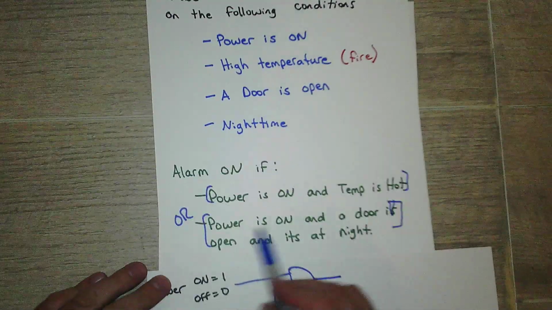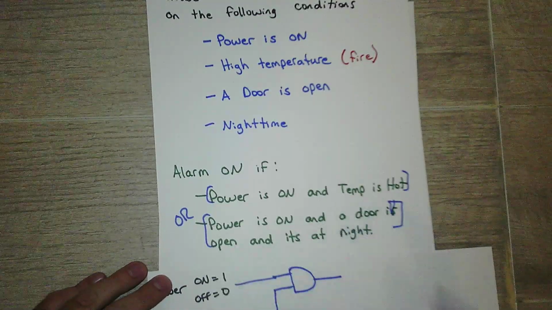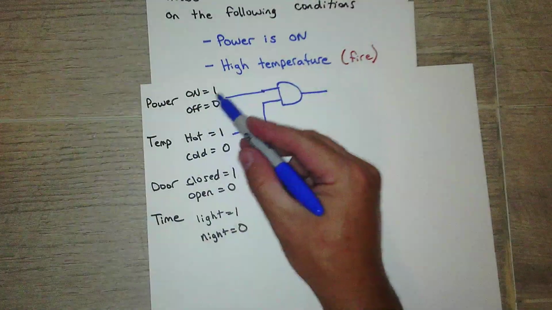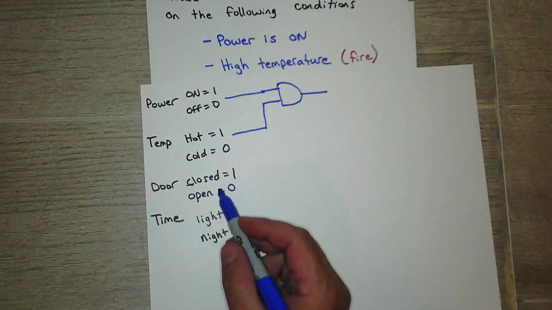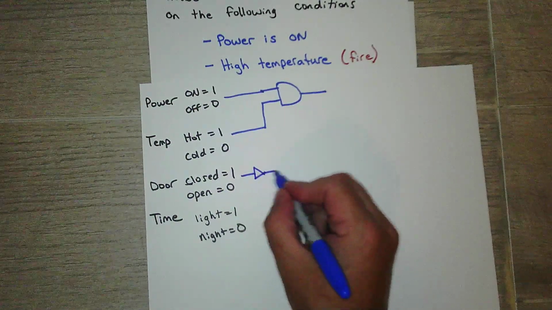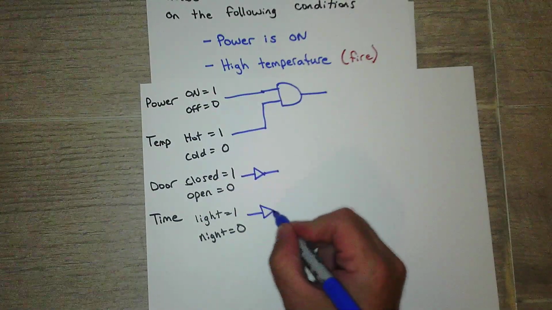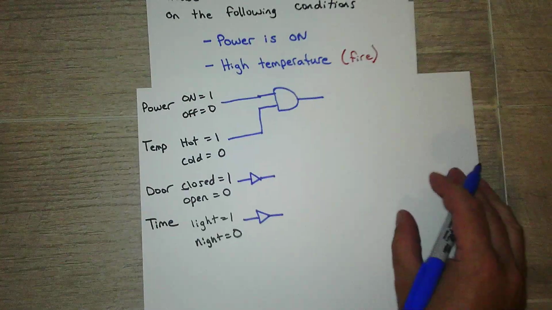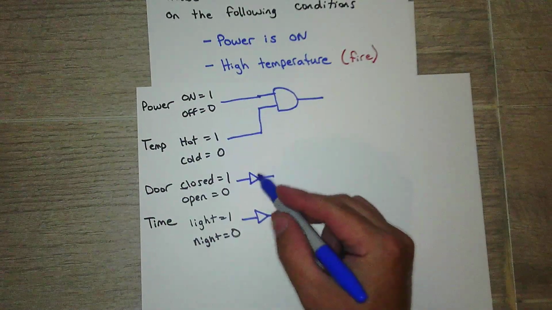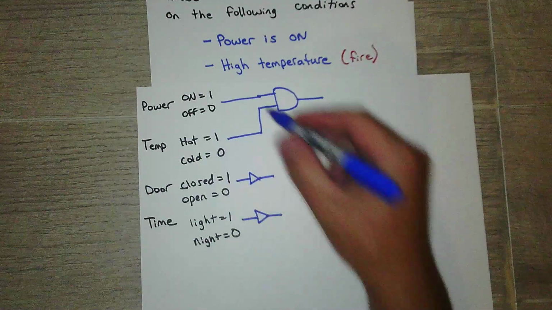Okay, now we do power is on and a door is open and it's at night. Okay, so power is on, but here we have door closed. So we want to switch that to when it's not closed, meaning when it's open. Same thing here, we want when it's not daytime, but when it's nighttime. Okay, so now we have not closed and not light, daytime.